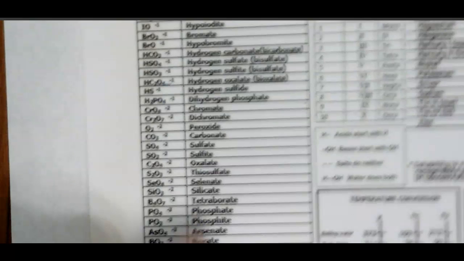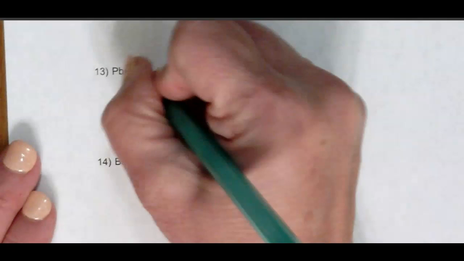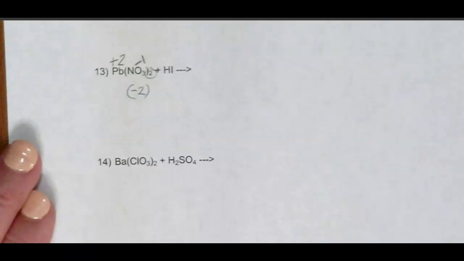So I'm going to look up the nitrate, which is up here. NO3, it's a -1. So let's watch again how I do this. This is a -1. There are 2 of them. That means that this has to be a -2 overall. That means my lead, in order for this to work, has to be a +2.